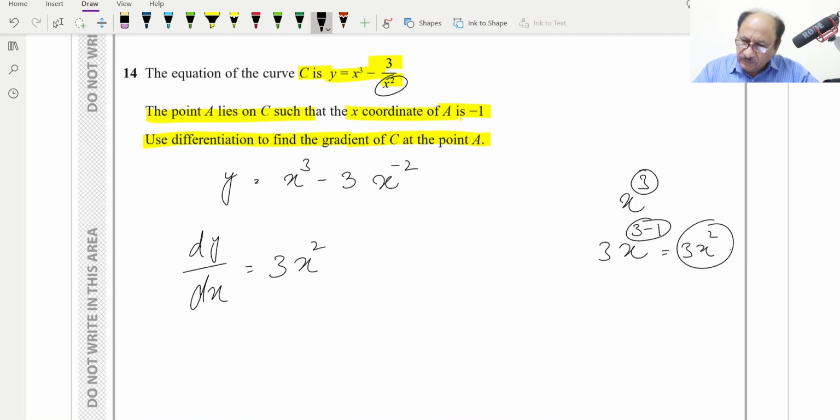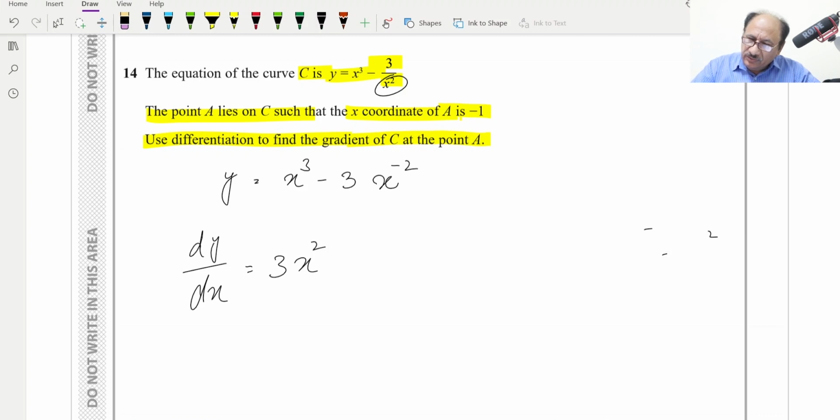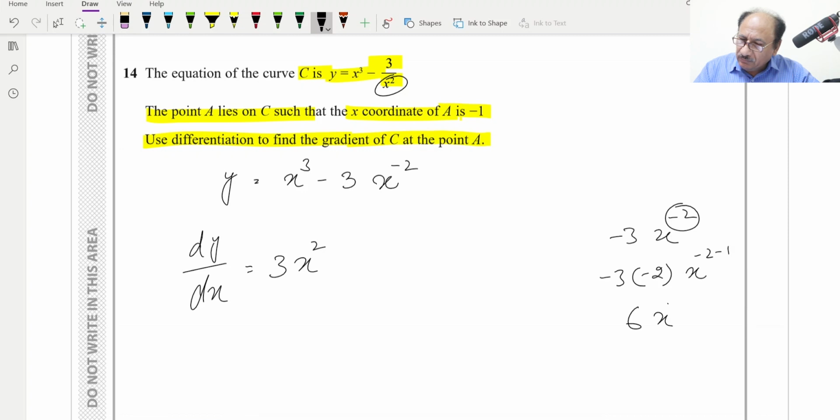Hopefully you understood this. Similarly, what will be the derivative of -3x raised to -2? The power -2 will be pulled first, and x raised to -2 -1, so this will be 6x raised to -3.